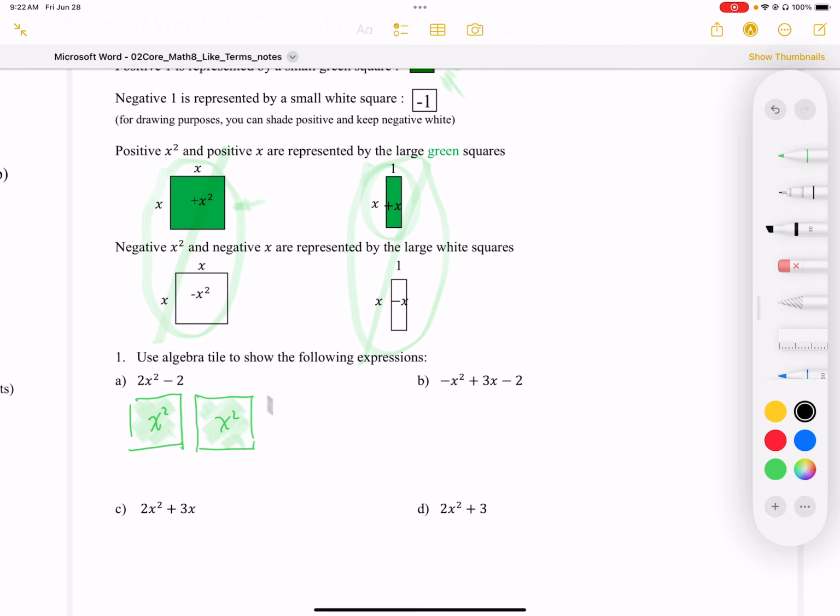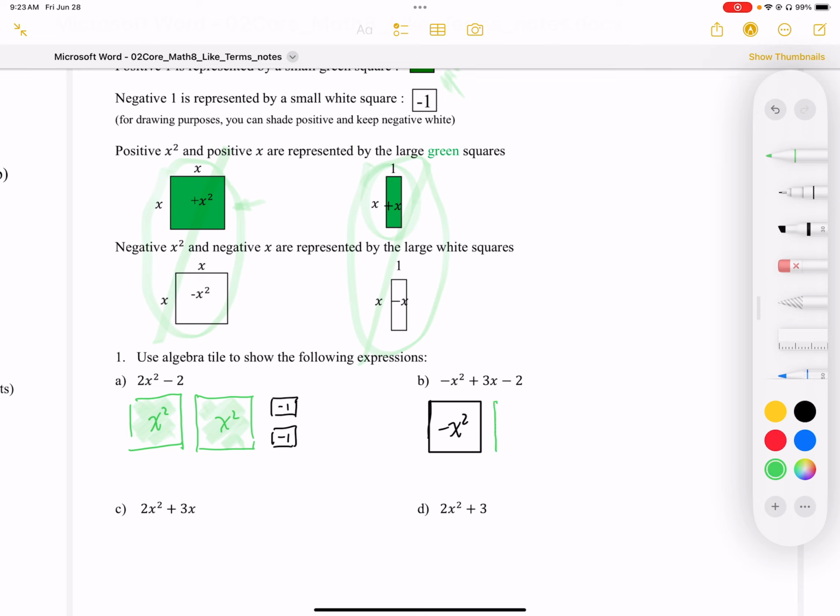Then I'm going to have two -1 tiles, as smaller squares, and I'm going to leave them empty. I can put -1 in there to make that clear.